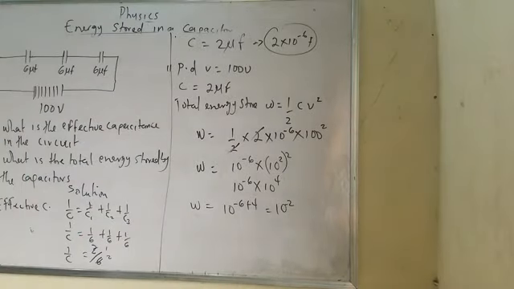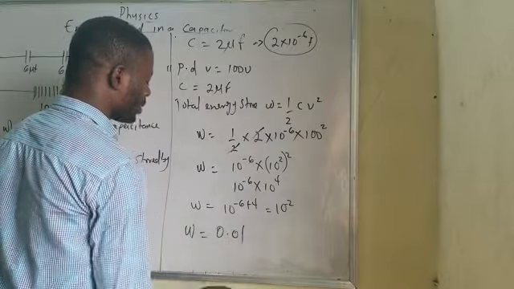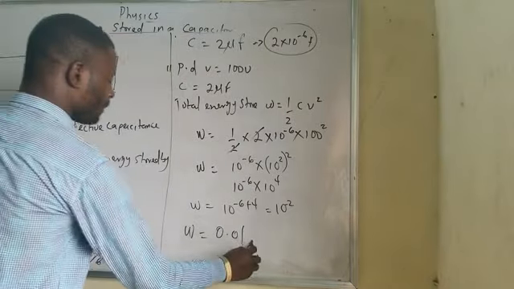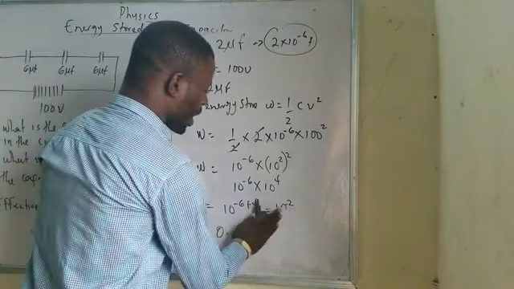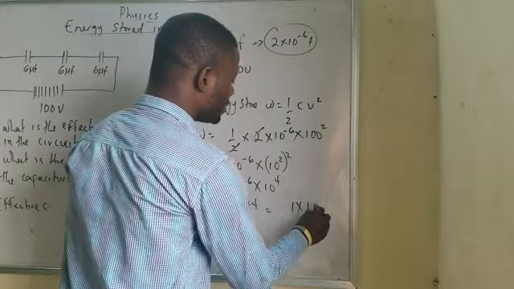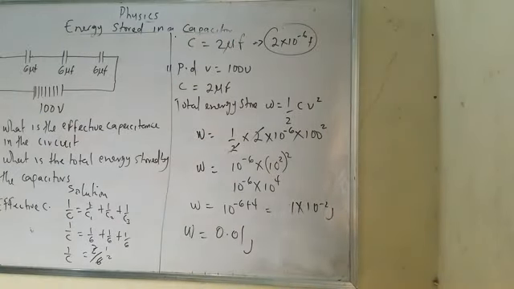Now I can write it as equals to 0.01 joule. Or you can put it as 1 multiplied by 10 raised to the power minus 2 joule. Anyhow you want to do it, you are free. That is all about that.